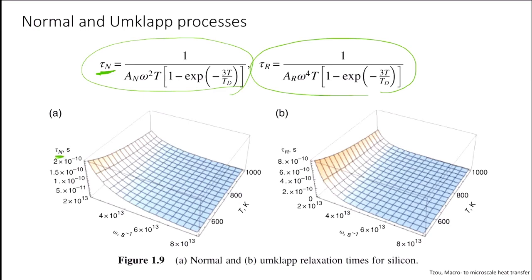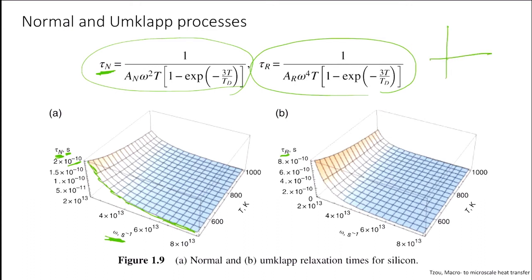Tau n is in seconds, so 10 to the power minus 10 is basically 0.1 nanosecond. Here we have tau, and here we have frequency. First we'll only look at this curve. As the frequency increases, you could see that tau n actually starts to decrease.